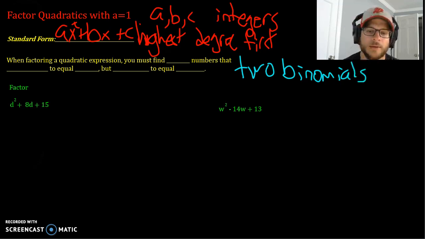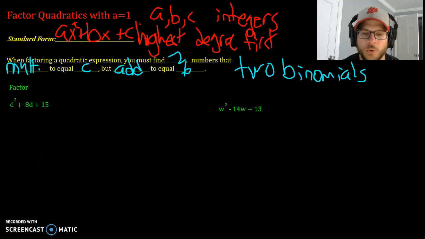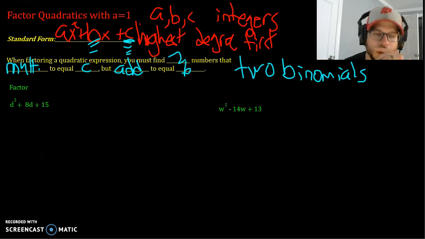You're going to try and find two numbers that multiply together to equal your c, but then at the same time, those numbers have to add together to equal your b. So two numbers that multiply to your constant, or your number at the end, but at the same time, those two numbers need to add together to equal your middle number.